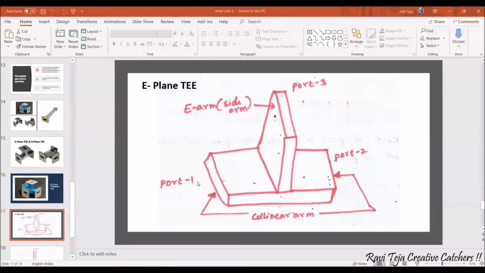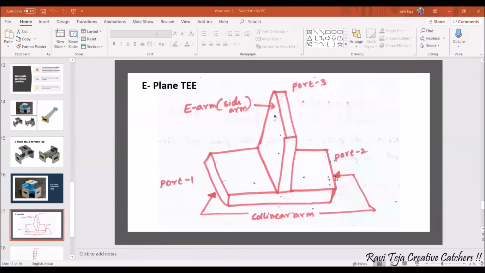As these two ports are on the straight line, they are considered as collinear arms. And this is our third port, port 3, which is considered as our E arm. What you need to remember is that the collinear arms, the ports which are on the straight line, are considered as outputs.